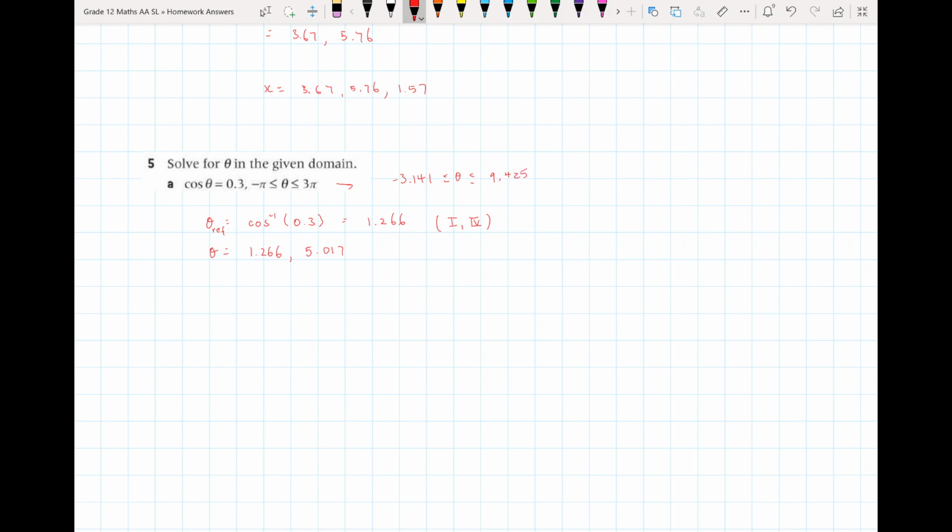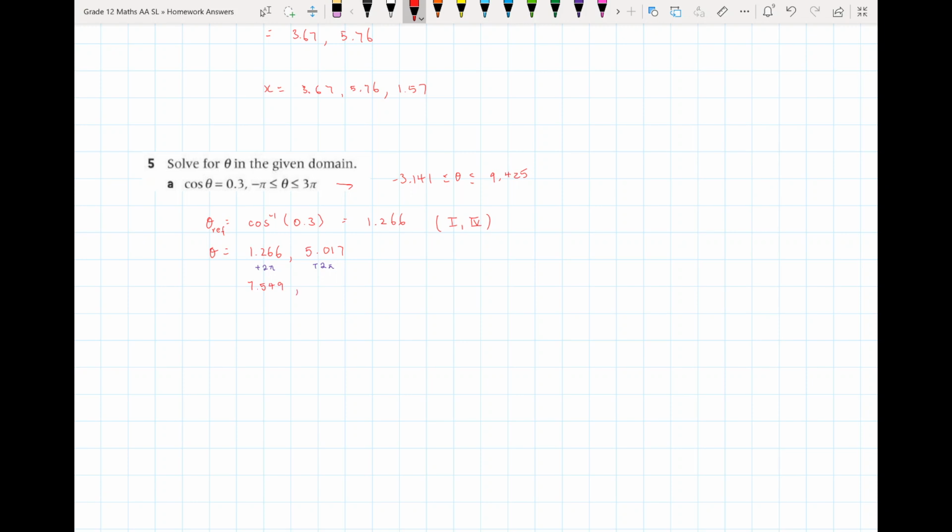So that means my angles have to be between that. So I'm going to take these 2 angles, and I'm going to keep adding 2 pi until it goes outside of that range. So if I do this plus 2 pi and this plus 2 pi, I will have 7.549.